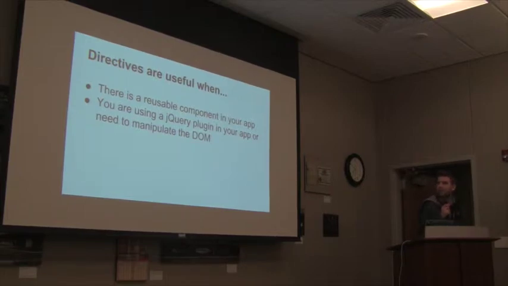The second case they're really good for is handling any kind of DOM manipulation in your application, as well as binding jQuery plugins in. And I'll explain why that makes sense in a little bit.